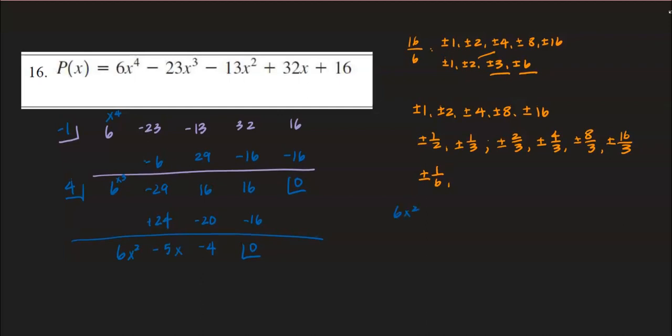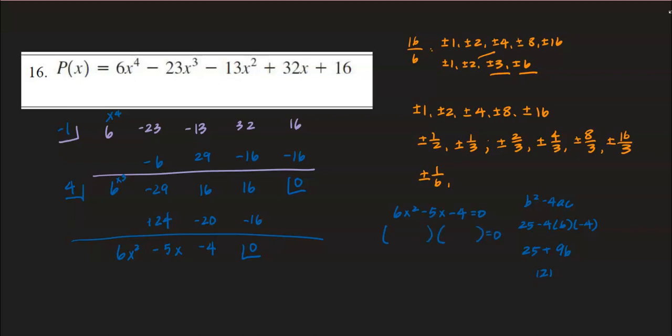So 6x squared minus 5x minus 4 equals 0. B squared minus 4ac: 25 minus 4 times 6 times negative 4. 25 plus 96 is 121. So that is factorable.